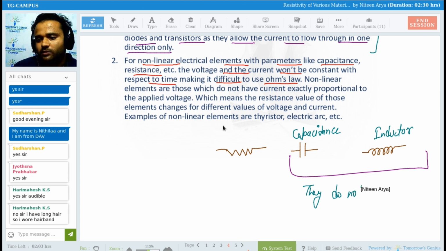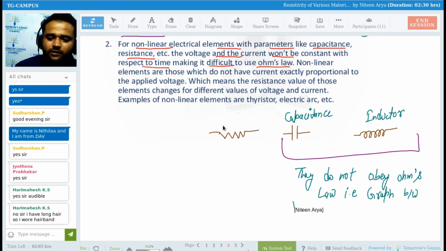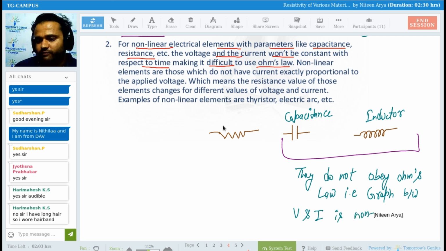Simple. So when they do not obey Ohm's law, in general the graph between V and I is non-linear, as simple as that.